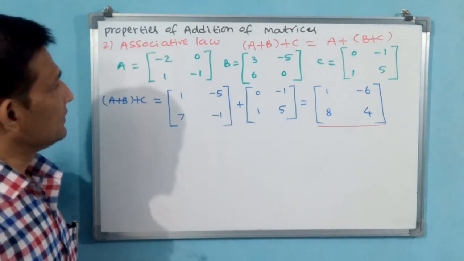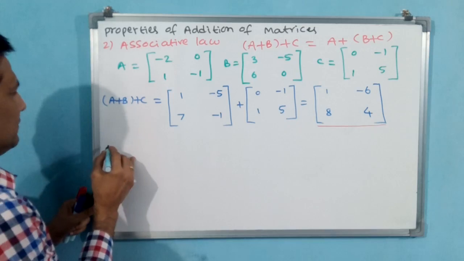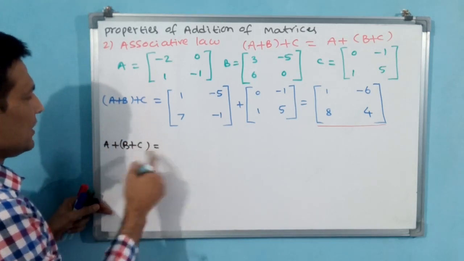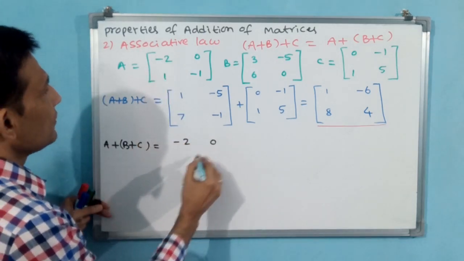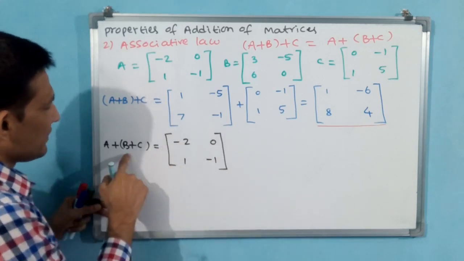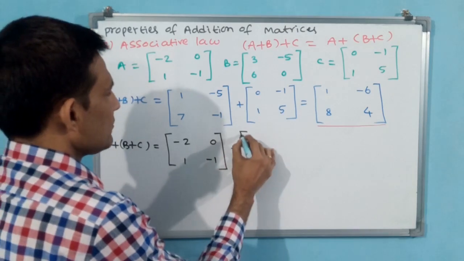And we do A + (B + C) also. Let us do that. Okay, see how I am writing A + (B + C) is equal to, A first you write, A means this one, minus 2, 0, 1, minus 1. But don't perform the operation. Why? Because you see here, first you have to perform B plus C in parenthesis. Okay.